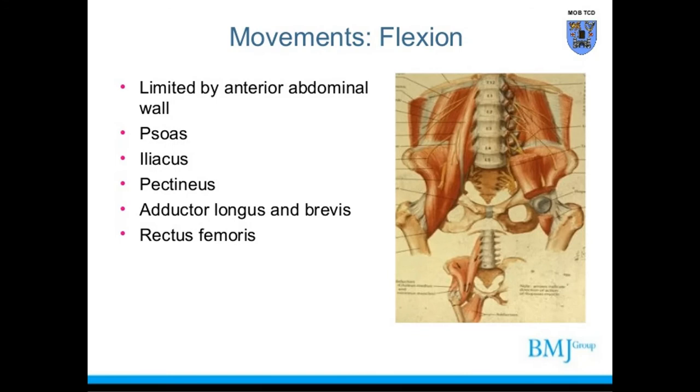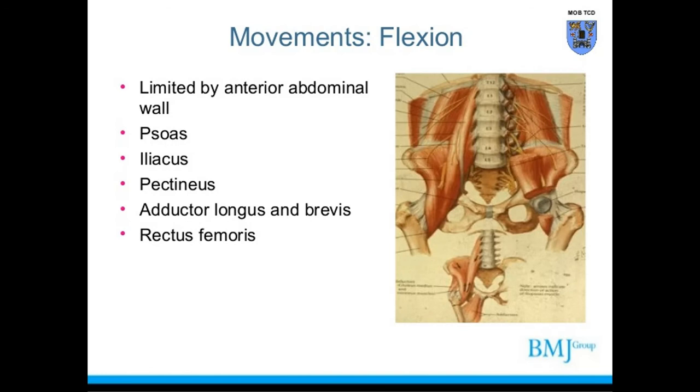The muscles and tendons of the muscles which are passing anteriorly to the hip joint will obviously cause the flexion. But if you are sitting on a chair and flex your thigh, your hip joint, you see that it is limited by the anterior abdominal wall. You cannot flex fully due to resistance by the anterior abdominal wall.